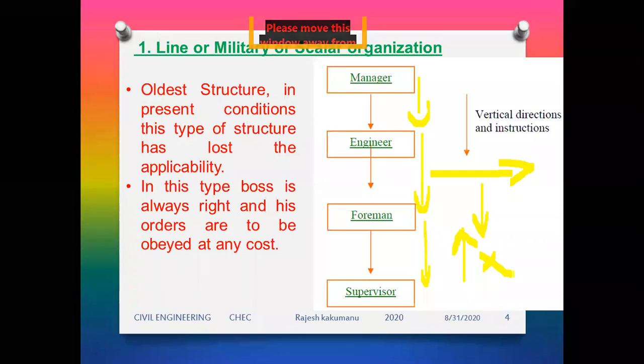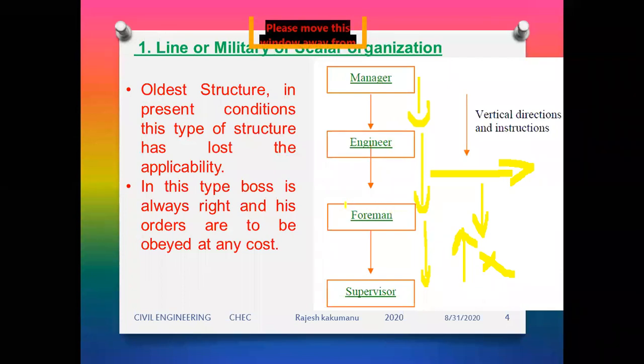Definitely no. Why? Because it is a type of organization where the instruction should be given only downstream. For example, if an engineer gets information from the manager, either good or wrong, the same thing should be forwarded to the foreman.